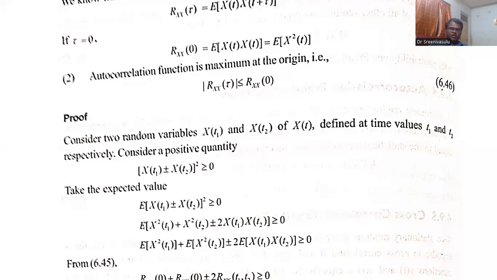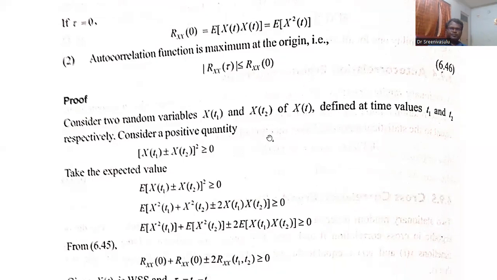That means for all the remaining values of tau, the amplitude goes on decreasing towards infinity. Now we are going to prove this.